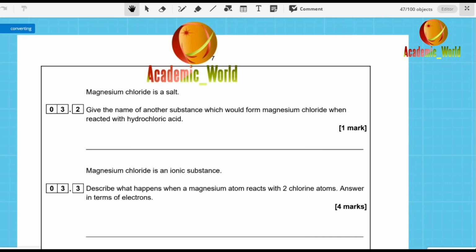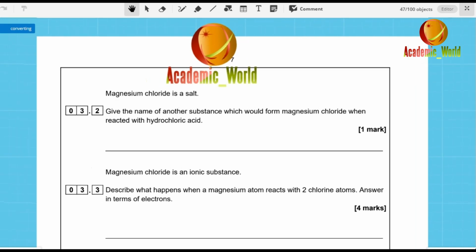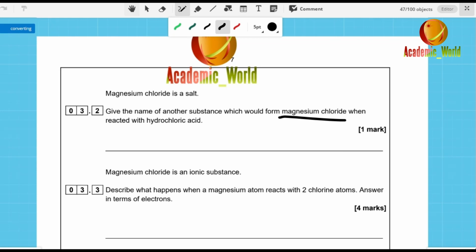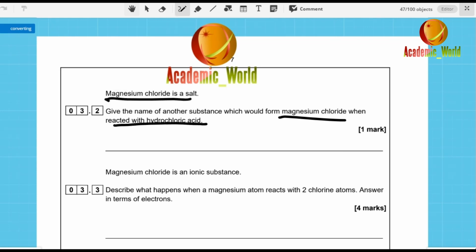Give the name of another substance which would form magnesium chloride when reacted with the HCl. Remember, magnesium chloride is a salt, so it means the chlorine comes from the HCl.